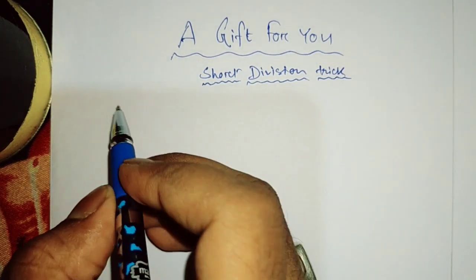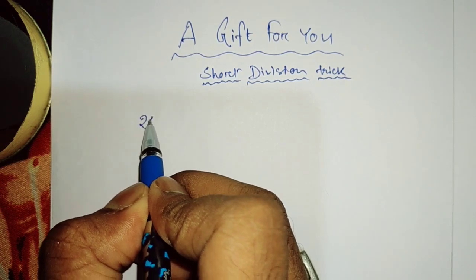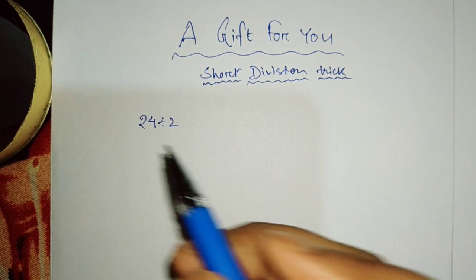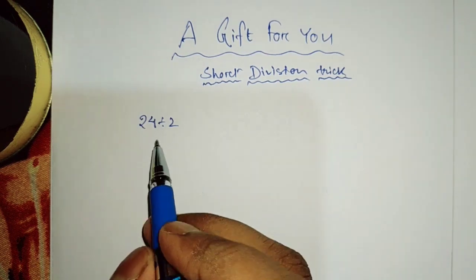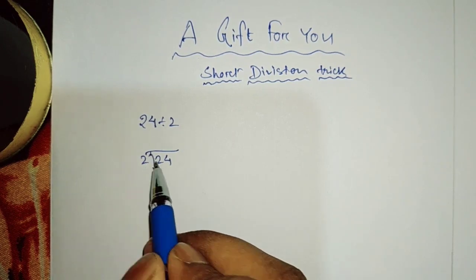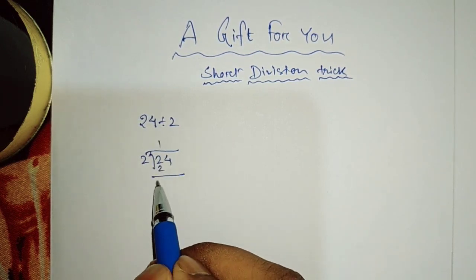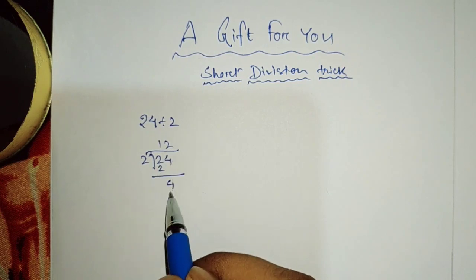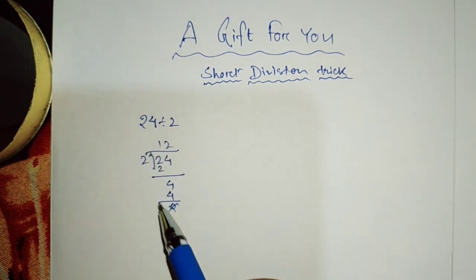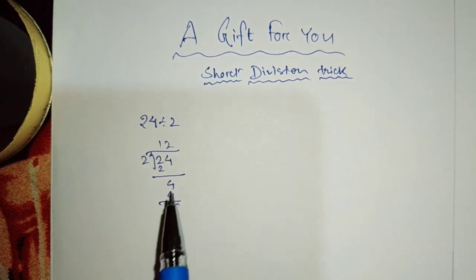Say for example, you are about to divide 24 by 2. In our long division method, we take 24 here, we write 2 here, 2 ones are 2, 0, then comes 4, 2 twos are 4, remainder 0, we cross it. This is our general long division process which you all know.